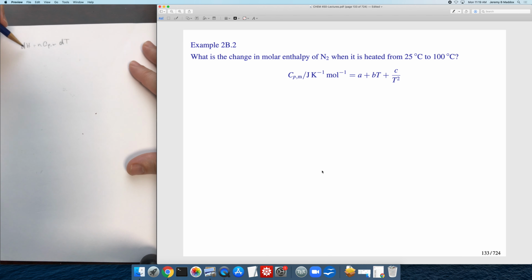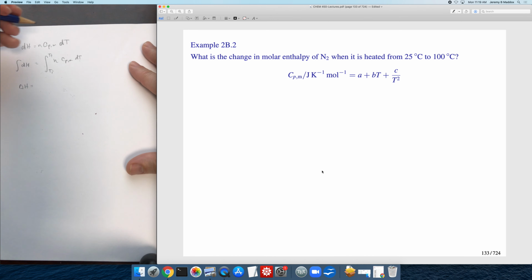And then to get the finite change, you would integrate both sides. That gives you delta H here.